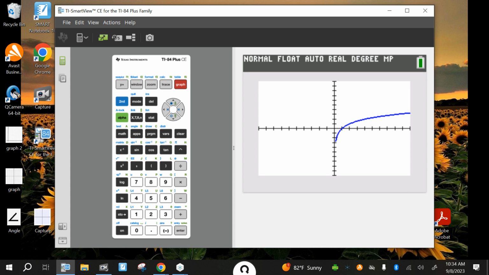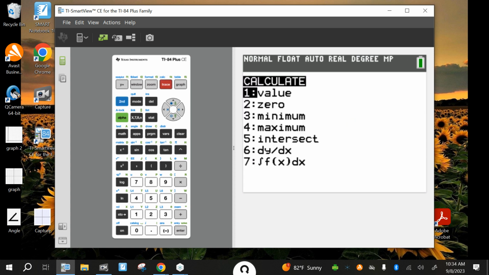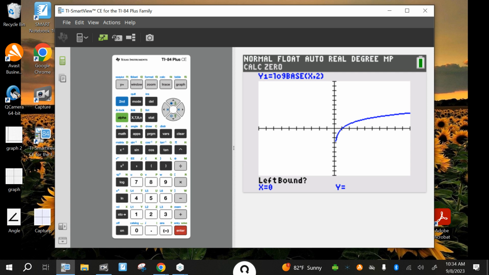Okay, so then I go to second trace, and another word for x-intercept is zero. Zeros are also x-intercepts. So you're going to choose option 2. Your calculator is going to ask you some questions down here. You can just answer those without going to the left, going to the right. We think it crosses at 1.